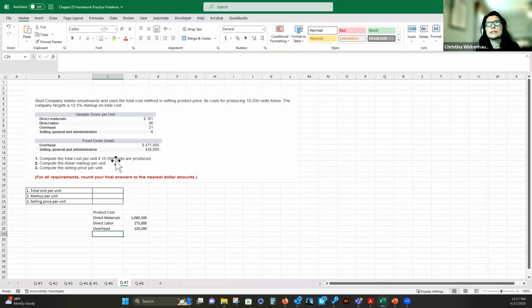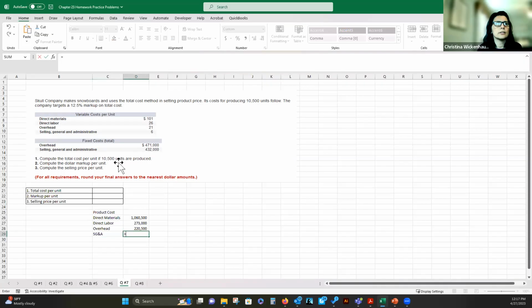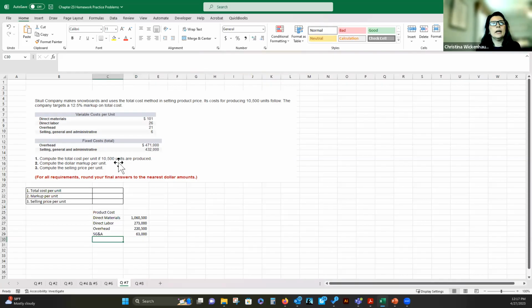And then my selling, general, and administrative, so SG&A, is going to be $6 times 10,500 units. Let's see. And then we have our overhead that's fixed.